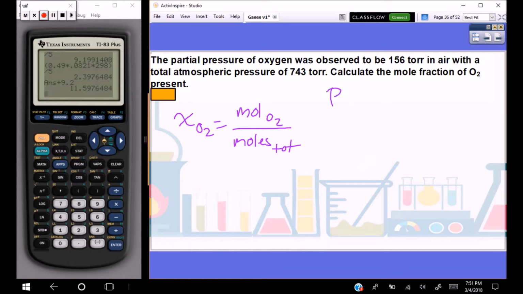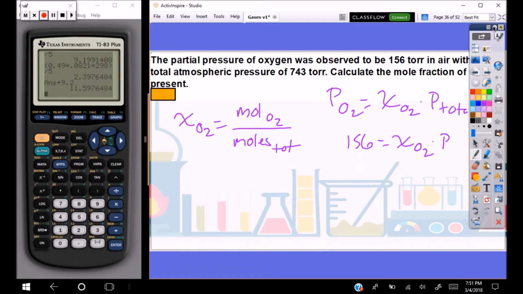If we think about our equation for a minute, P of O2 is equal to our mole fraction times the pressure total. If we know our pressure of O2 is 156, and we know that our total pressure here is 743, then I don't actually need to solve for the moles at all.